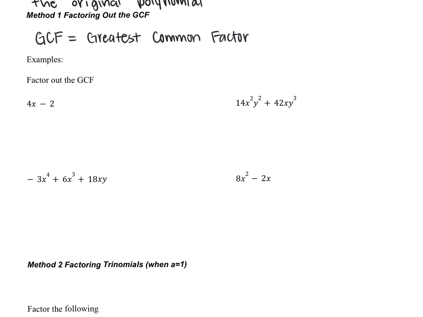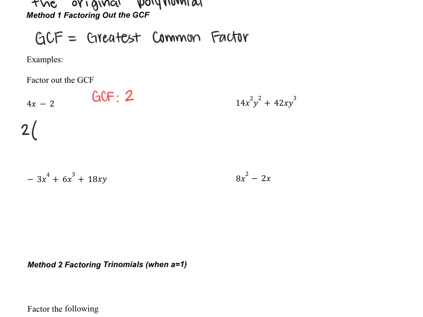So the first one is 4x minus 2. What I'm going to do is identify my GCF. So I want to know, what do 4x and 2 have in common? And they are both divisible by 2. So when I factor out my GCF, the 2 is going to go in front. And then I divide every term inside my parentheses by that GCF.